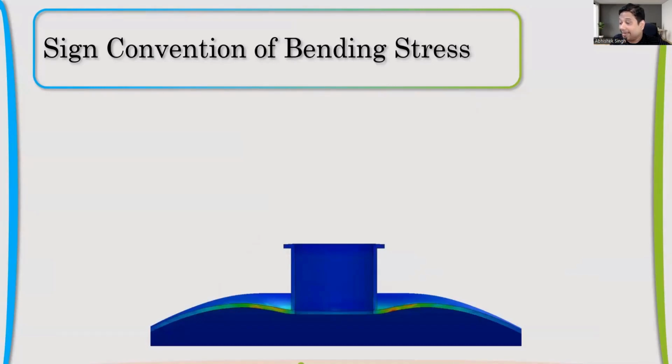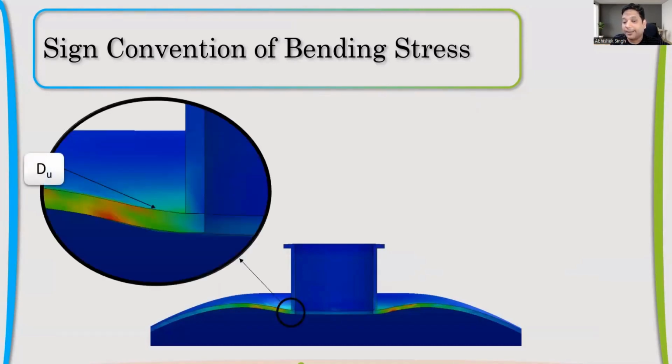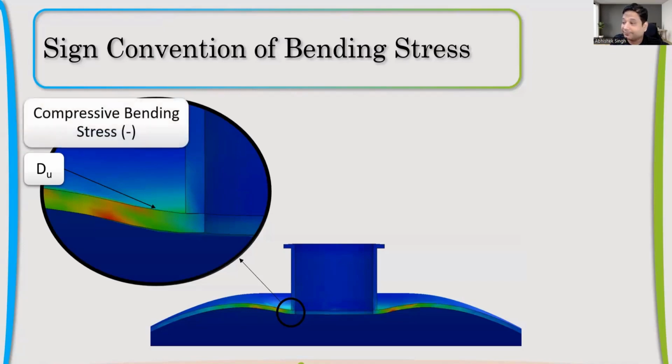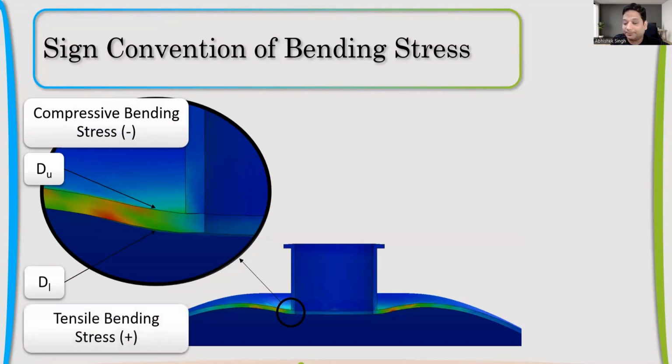If we talk about bending, there will be 2 points coming. You'll notice that when we talked about membrane, there was only C and D, because for membrane, it's uniform across the section. What is at the upper, at the lower also the same stress will be there. But once it's bending, there will be DU and there will be DL, upper and lower.